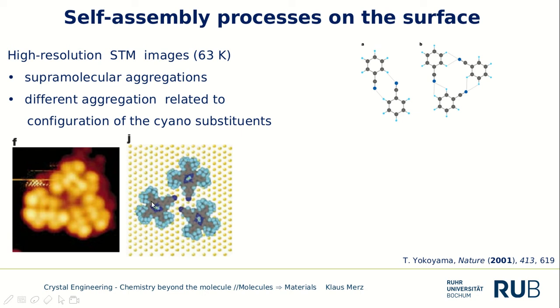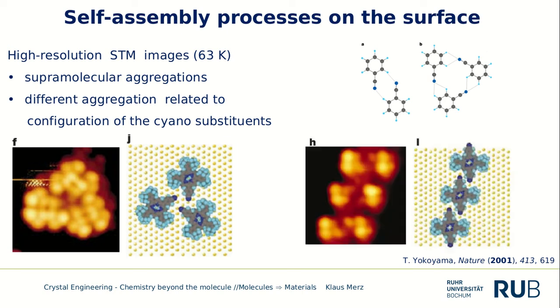And you see here, this figure is absolutely identical with here, figure 2b. And in this case, you see very nicely, okay, we have two cyano groups, I would say in the para position, something like a para, and you see here dimer and here dimer forming chains. Really nice.